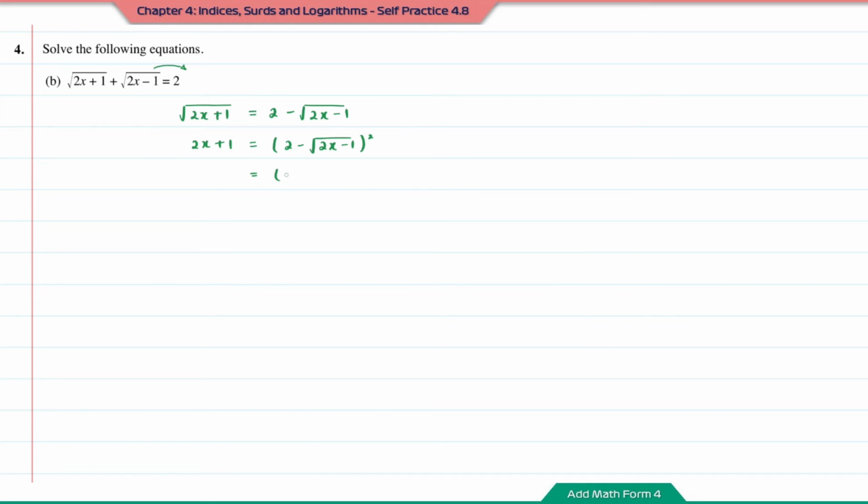So on the right hand side, we need to expand this part. So we're going to have two brackets of the same terms. You can do this slowly. 2 times 2 here will give you the answer of 4. Next, this number 2 we're going to multiply with the square root of 2x minus 1. So here we're going to have negative 2 times the square root of 2x minus 1. And then the third one here will give you the same answer as well.